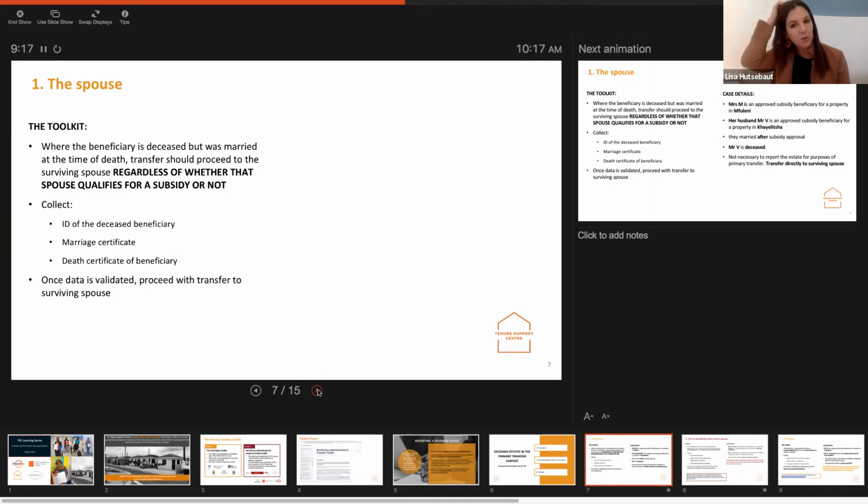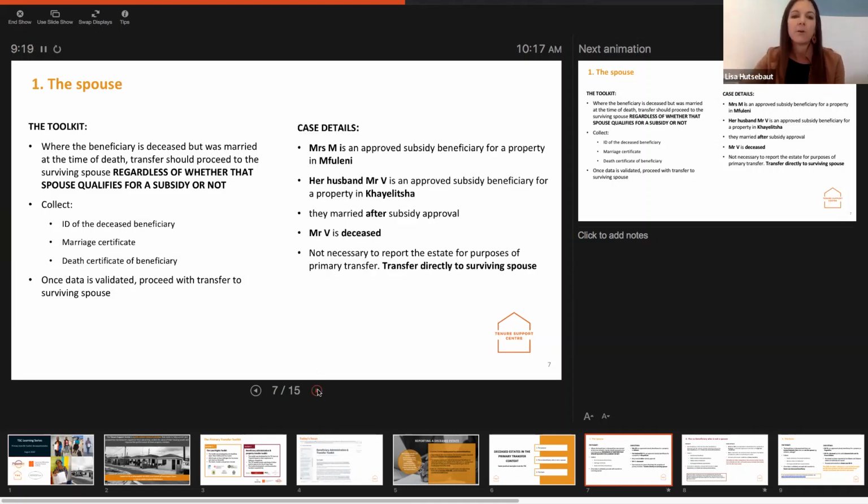I want to just talk you through an example of a particular case that we had. So Mrs. M was an approved subsidy beneficiary for a property in Mfuleni. And actually, by the time she came to us and by the time this all became relevant, she had already received transfer of her Mfuleni property.